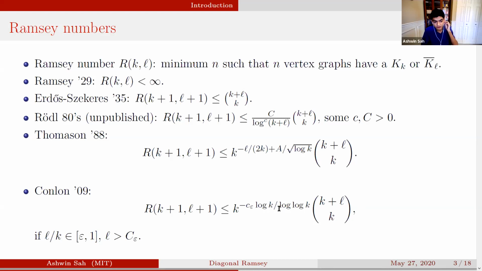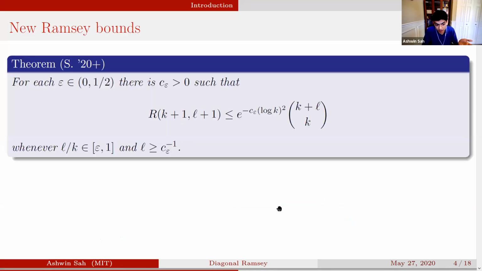So now for the result that I'll be presenting today. What I show is something similar in a certain way. Again, l and k are around the same size, and l is sufficiently large. Now we have this upper bound on R(k+1, l+1) with an improvement of e to the negative c log squared k. You can see that the log log k has been removed.